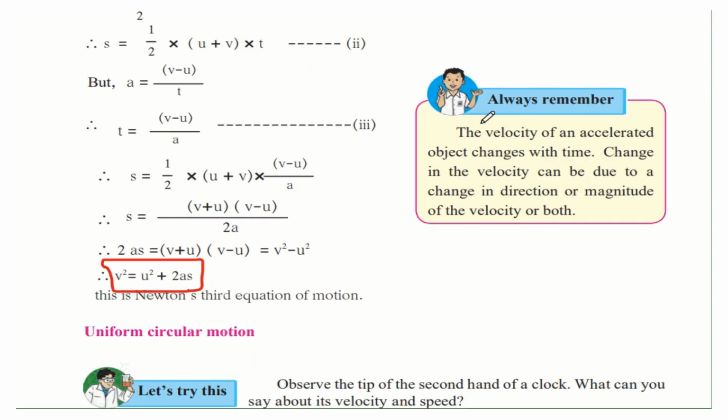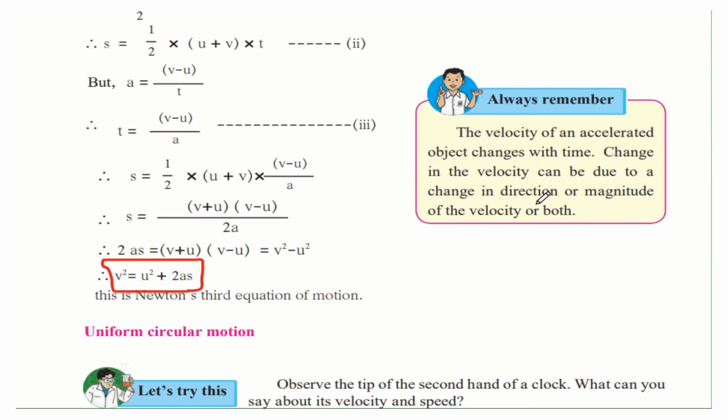Always remember, the velocity of an accelerated object changes with time. So this was basically the definition of acceleration, which was change in velocity per unit time. The change in velocity can be due to change in direction or magnitude of the velocity, or both. So change in direction, that is, if the object changes its direction, that will have an effect on the change in velocity.